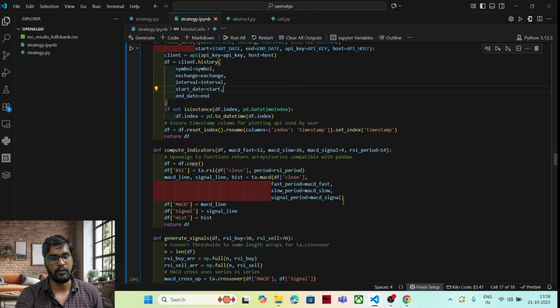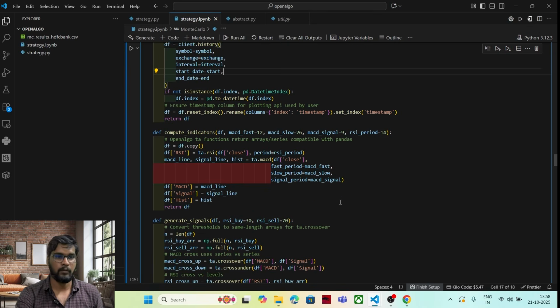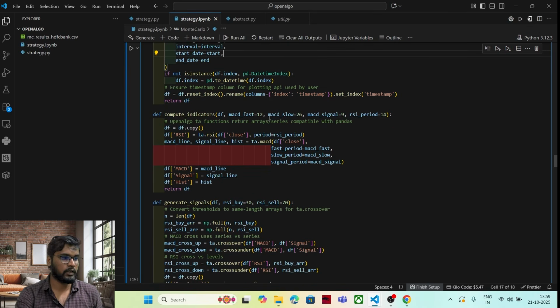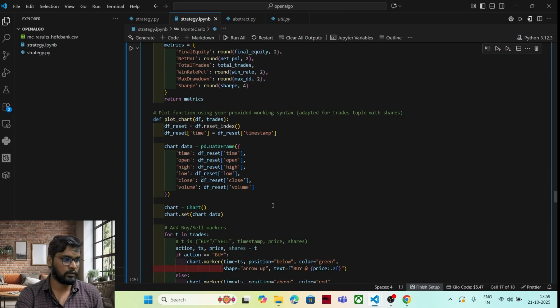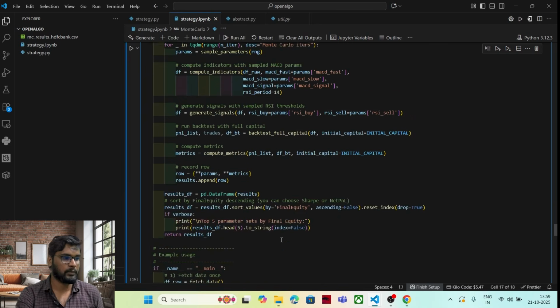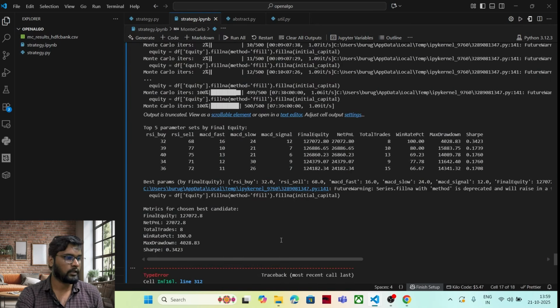It will search from 30 to 70 for when to buy and when to sell the stocks. It will also search for the best MACD slow, MACD fast, and MACD signal parameters. Once I applied this Monte Carlo simulation, these are the best parameters I got.